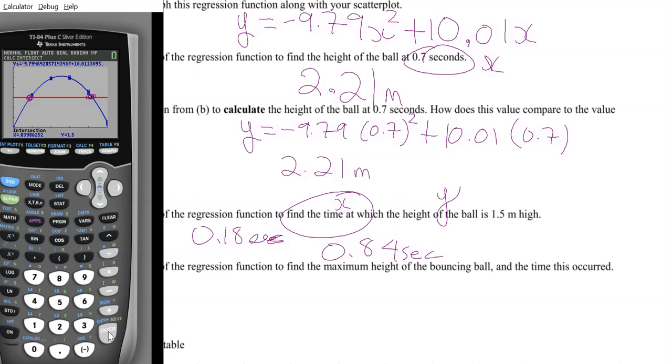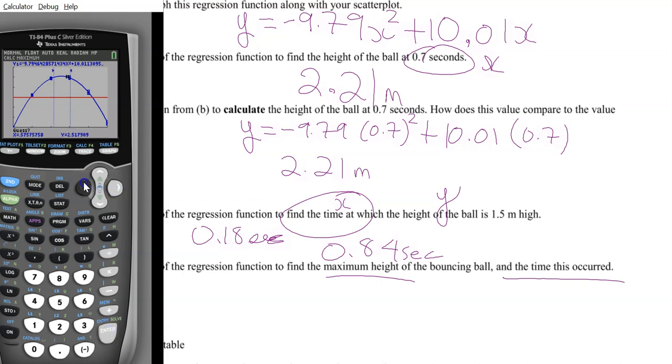It looks like the next one is asking for the maximum height and the time that this occurred. So we're going to do a second calc of the maximum, which is number 4. To do a max, you move up to the left of the maximum point and hit enter, you go to the right of the maximum point, so just go up over top and come back down a bit, hit enter.